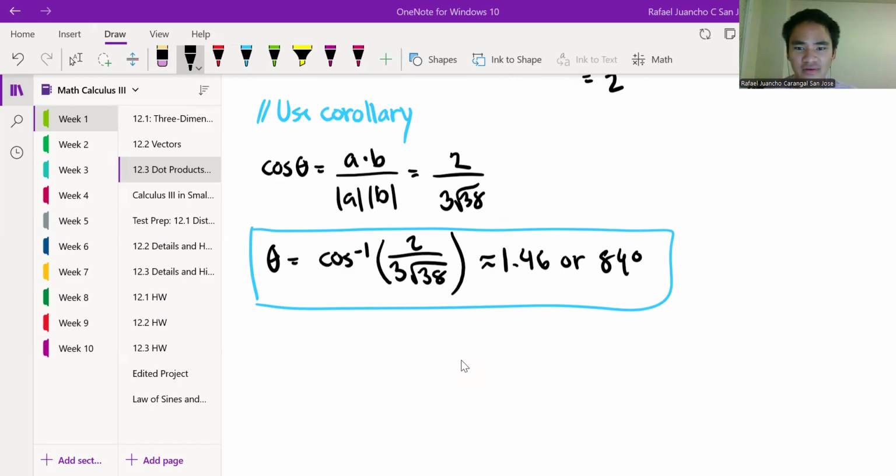Here we have two non-zero vectors A and B are called perpendicular or orthogonal, same thing, if the angle between them is pi over 2.